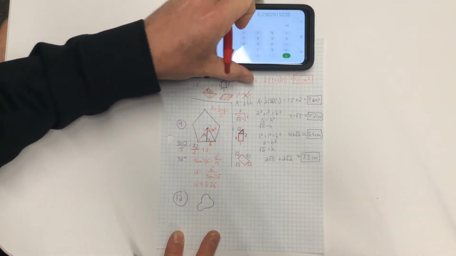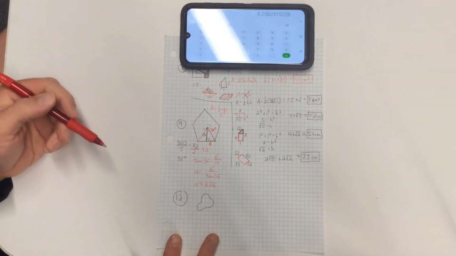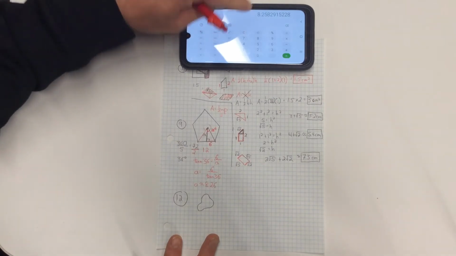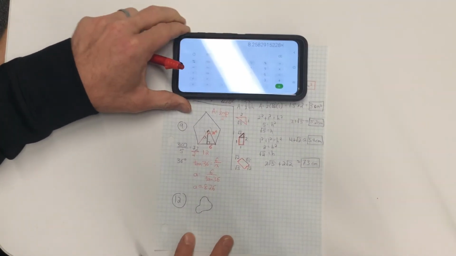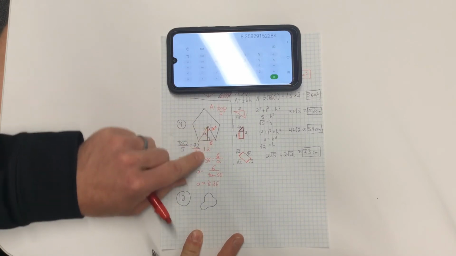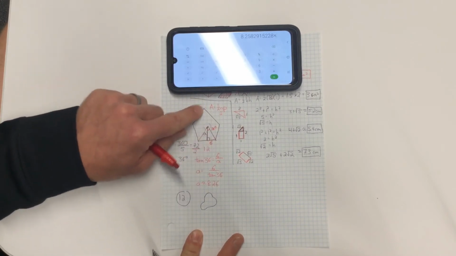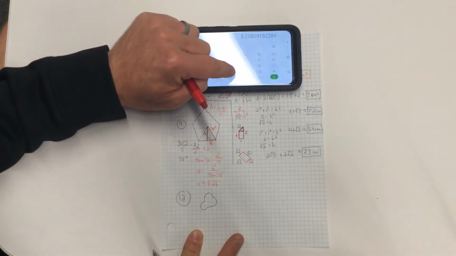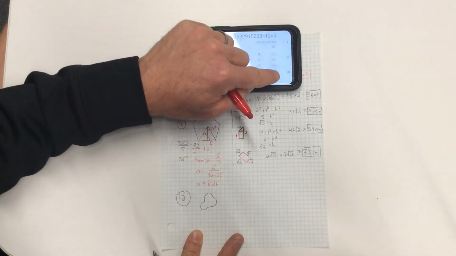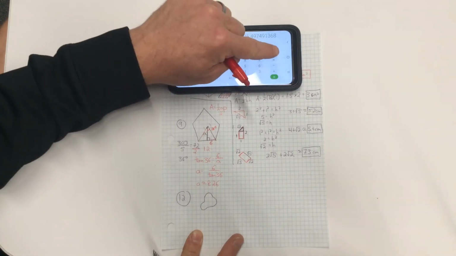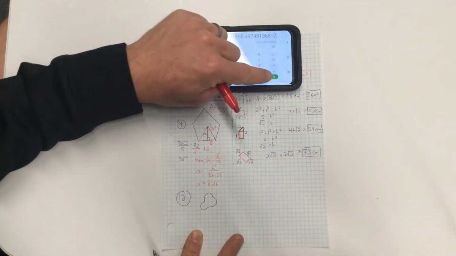To be as accurate as possible, I'm going to leave that in there and start solving. My apothem times my perimeter: my side lengths are all 12, times 5 because we have a pentagon. Then we do the half, so divided by 2.